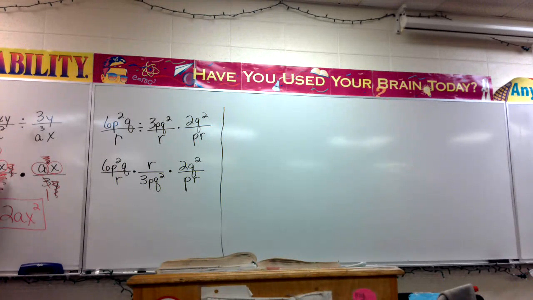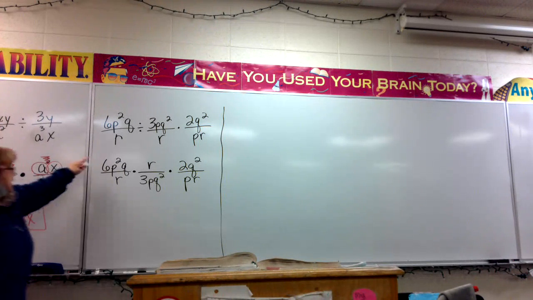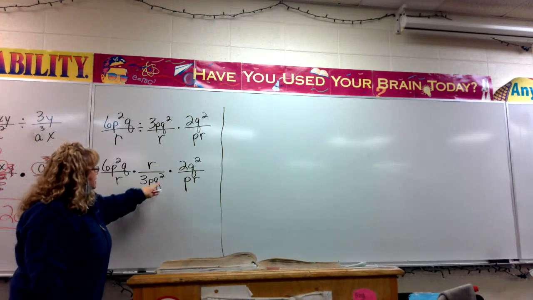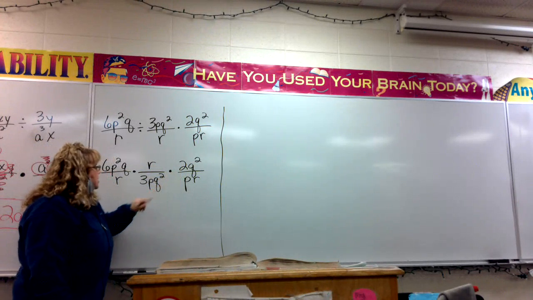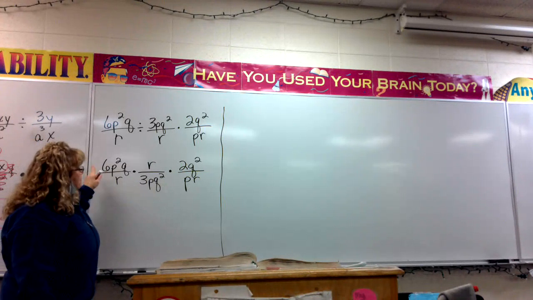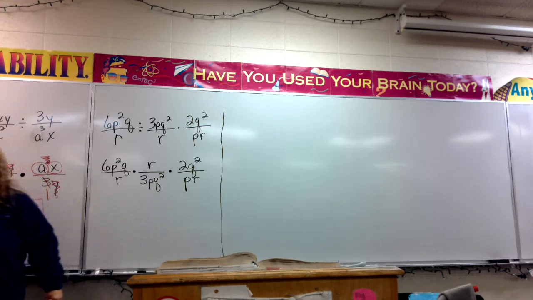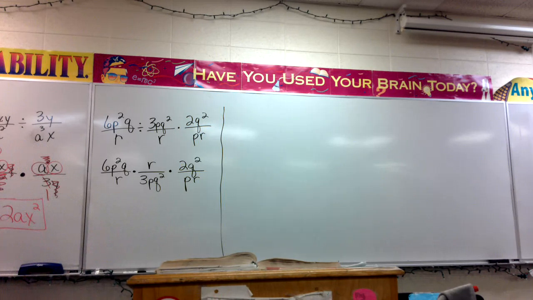Now you know what we did over here with canceling? We had 3 of them. Doesn't matter, you can cancel as long as one's on top, one's on bottom. It doesn't matter how far away they are. If it's all times, you can cancel as long as one's on top and one's on bottom.